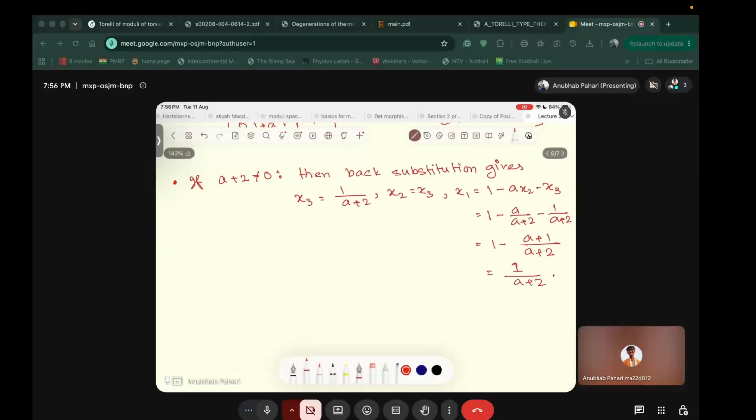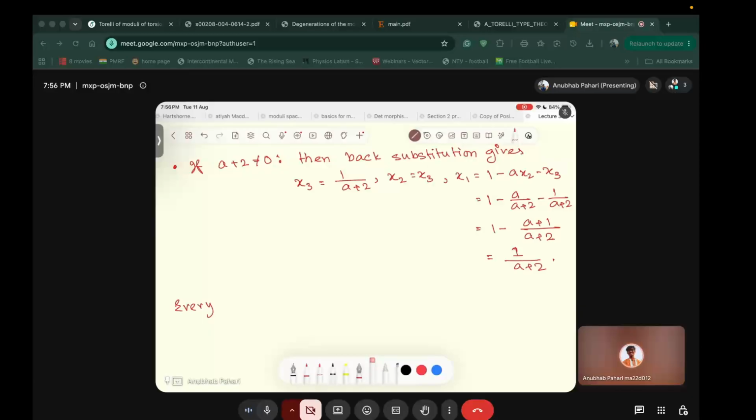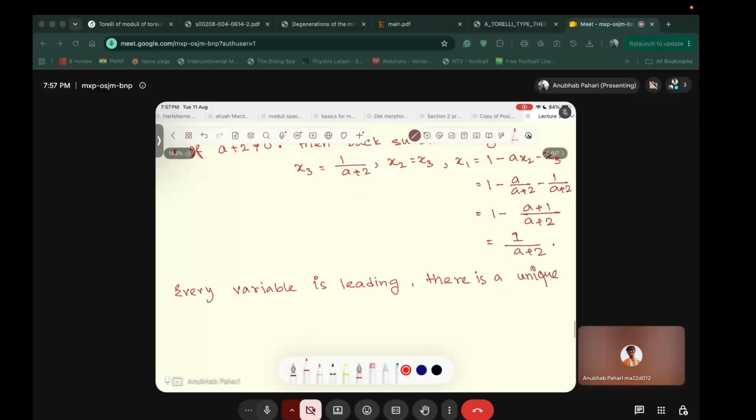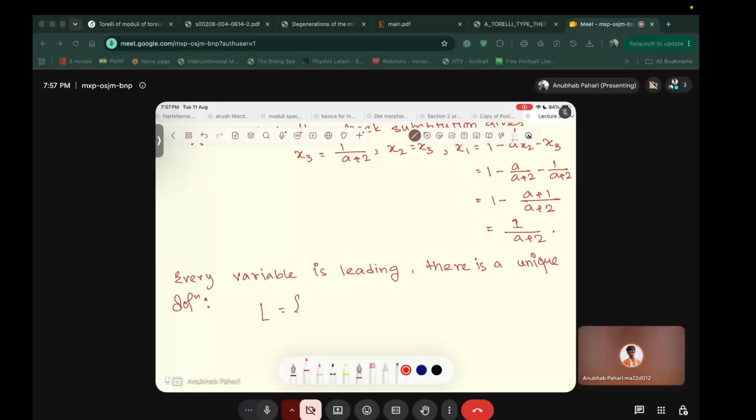So then every variable is leading, and therefore there is a unique solution, which will be 1 by a plus 2, 1 by a plus 2, 1 by a plus 2.